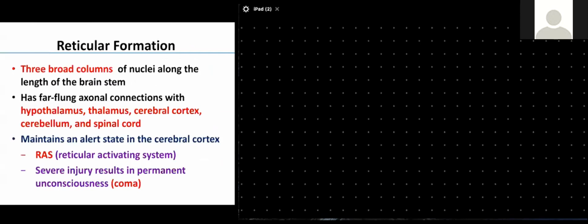Moving on to another brain system, it is going to be the reticular formation. Reticular formation is formed of three broad columns of nuclei that will be located along the length of the brain stem. So they are sets of nuclei located in the brain stem.